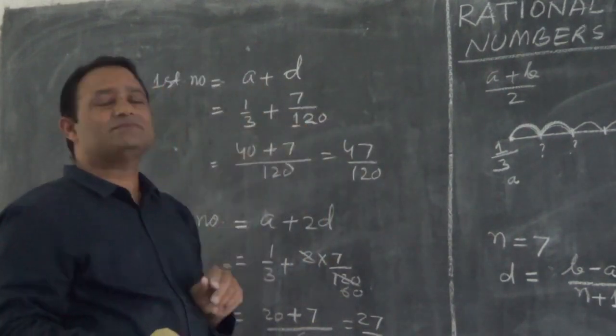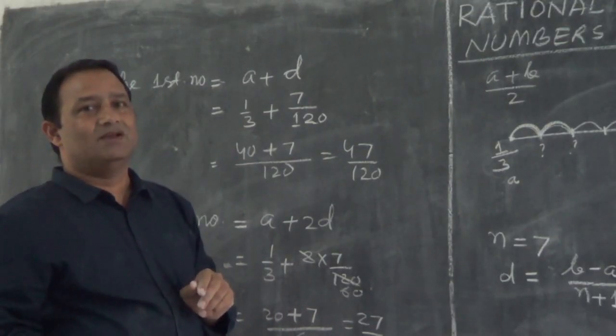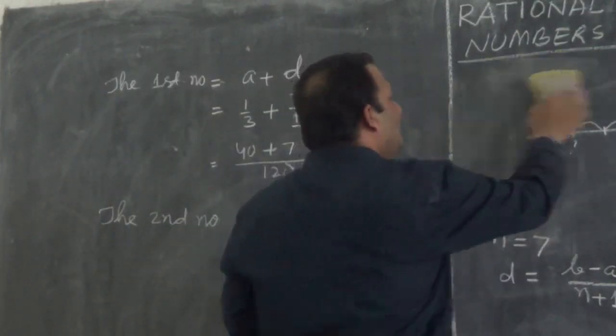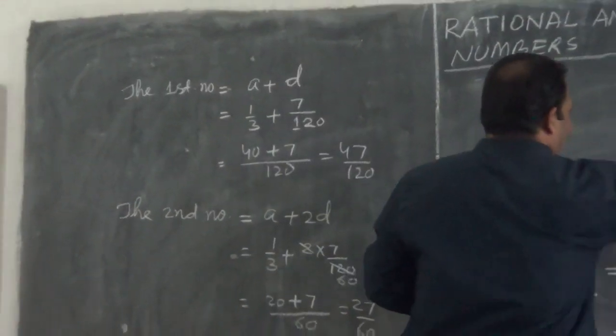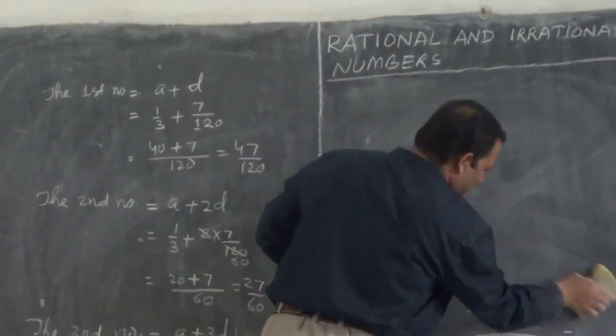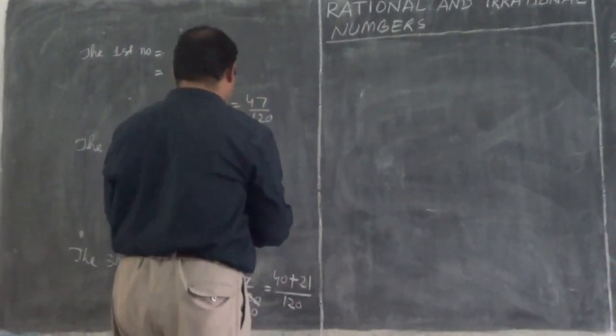You will get the answer. So these are the different methods by which you can insert rational numbers between two given rational numbers according to the question given to you.